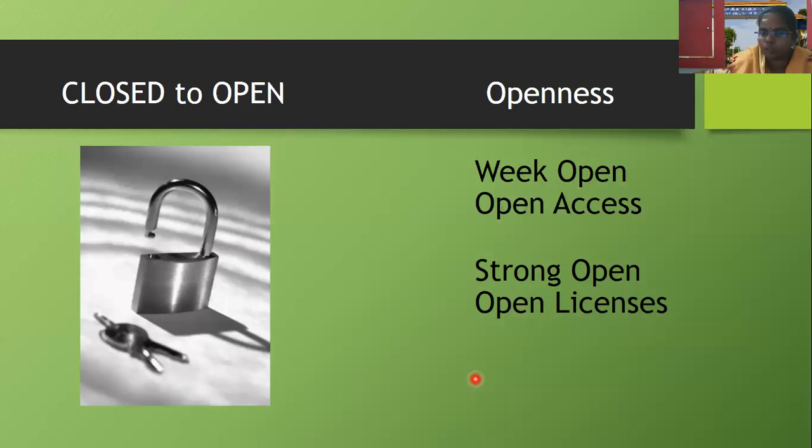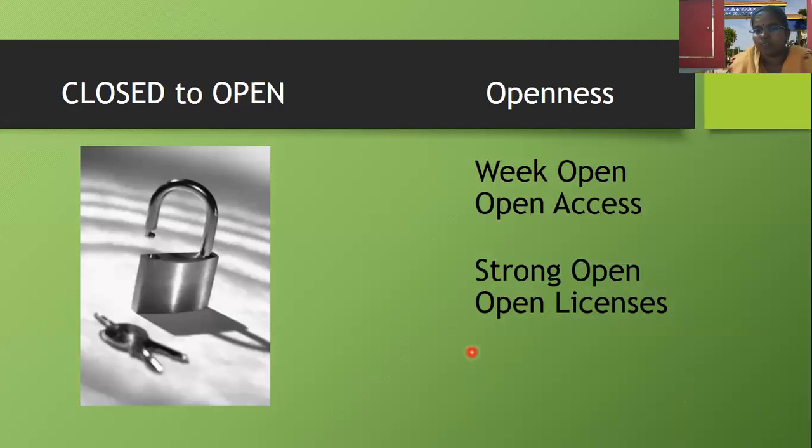Without permission, they can easily enter my home and use my resources, that is open. If somebody entering my home asks permission by ringing the calling bell, can I enter the room? Can I use your resources? That is closed. These are the two types of openness, closed to open.